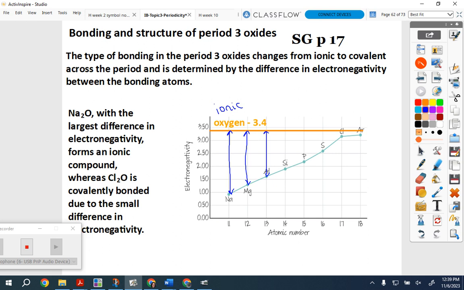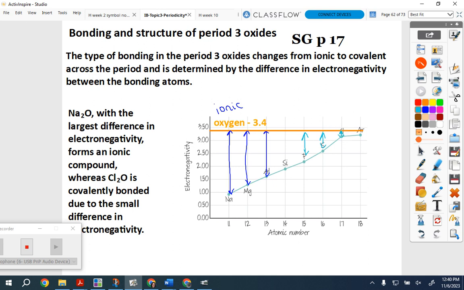Okay. Whereas over here, on the nonmetal side, we're going to have a situation where the oxygen is going to combine with the nonmetals to make covalent compounds. Because we have much smaller differences in electronegativity here.